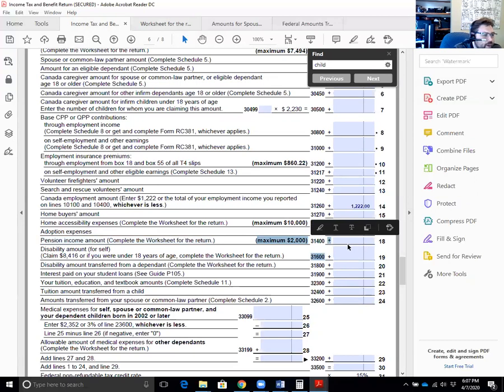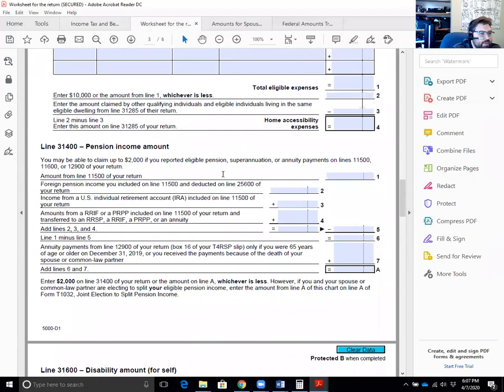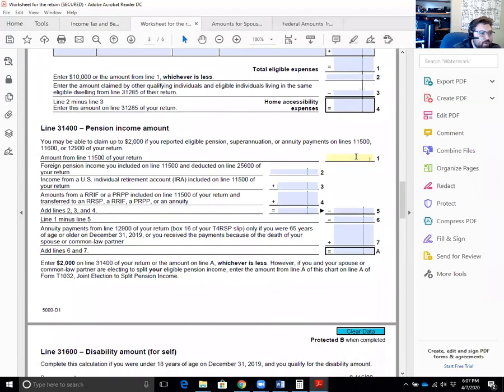Okay, so we finally got to this pension income amount, and we can fill it out. So let's go to that. Pension income amount in the worksheet. All right, here it is, pension income amount. So it didn't take long for me to go through the tax credits on the Schedule 5. Typically, if there isn't a lot there, then you can kind of scroll through those.